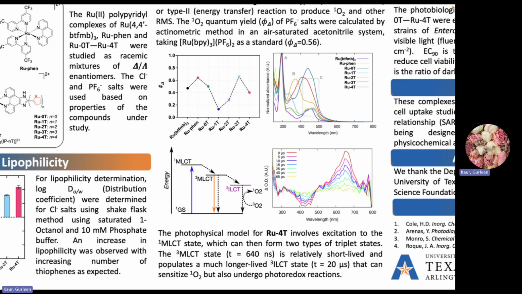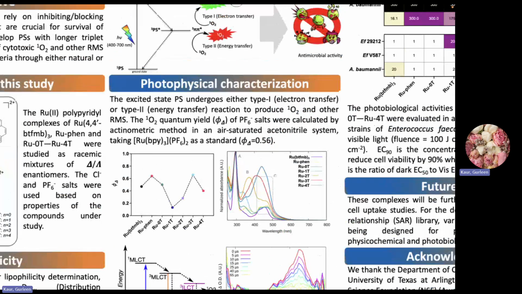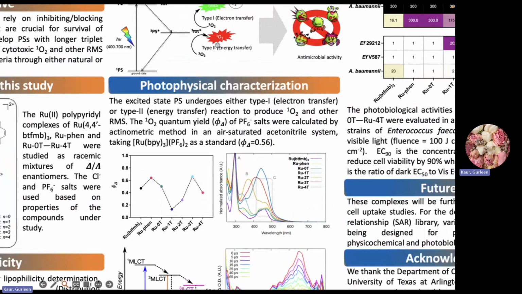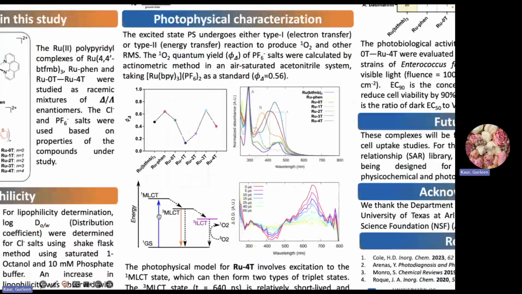Because we are talking about the stabilization of the excited state and also about singlet oxygen in the mechanism, we also measure the singlet oxygen yields for our molecules. This plot here shows the singlet oxygen yield change upon pi expansion of the molecule, where Ru(tris)BTFMB is the least pi expanded molecule and 4-thiophene is the most pi expanded molecule.